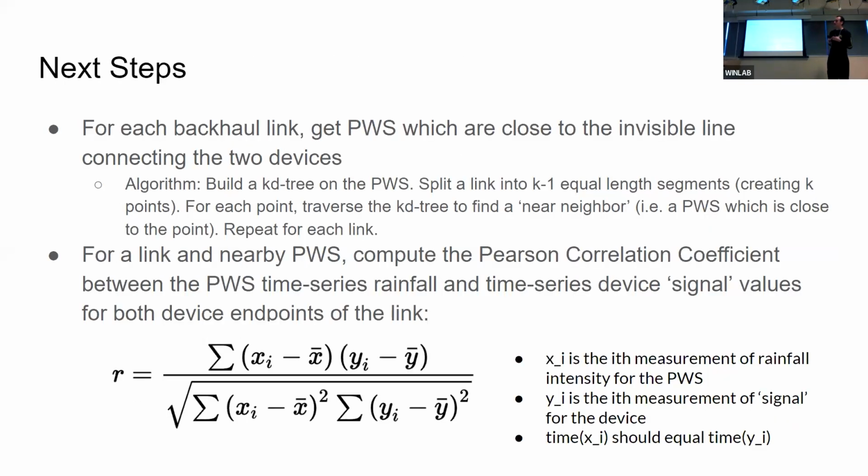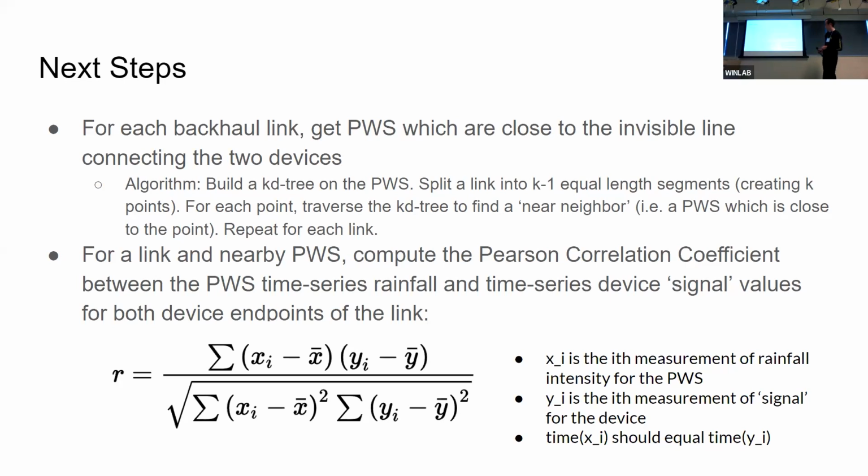Now we have all of the relevant data, so what we're going to try to do is find the correlation between the data. Specifically, for each weather station, we want to compute a Pearson correlation coefficient between the weather station's time series rainfall and the signal values for the link.